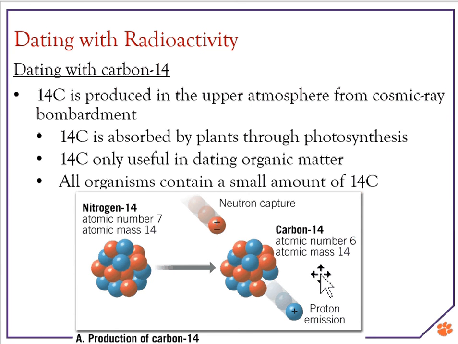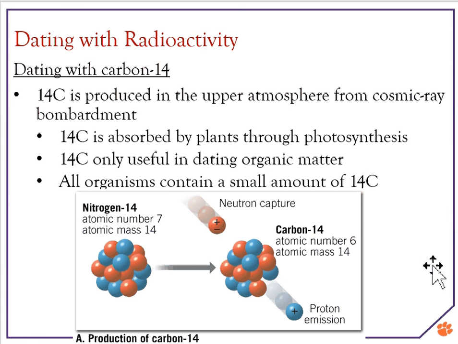Carbon-14 is a very abundant isotope in nature, and it is basically absorbed by plants through photosynthesis or through our breathing processes. We need to keep in mind that carbon-14 is only useful in dating organic matter.